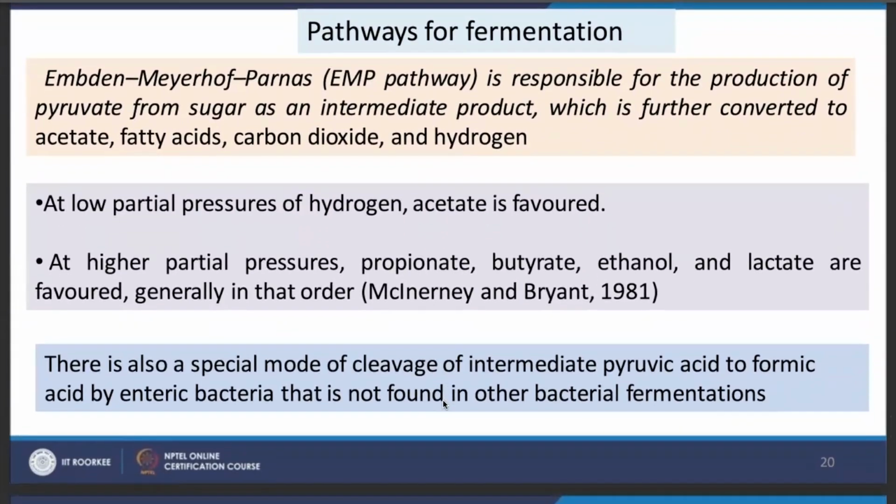Now, the fermentation process, right? Fermentation is a very elaborate process. So the pathways for fermentation, as you know, in fermentation we were using what? We were using the products of hydrolysis to convert the complex constituents into their simpler forms, right?